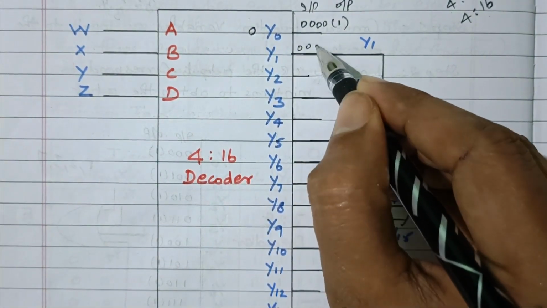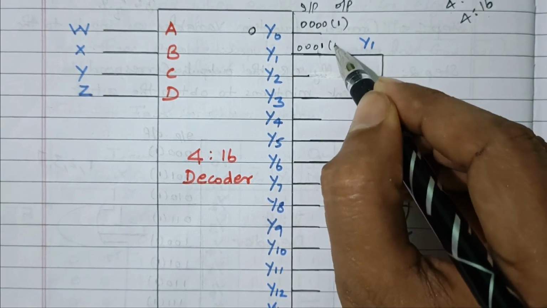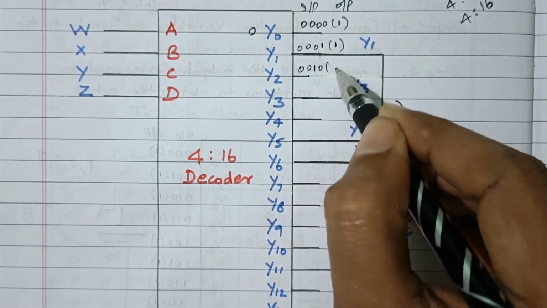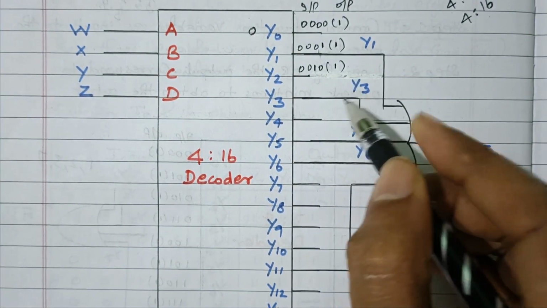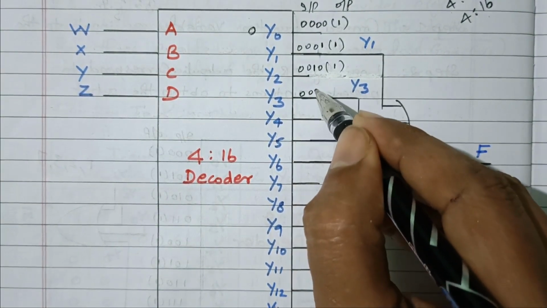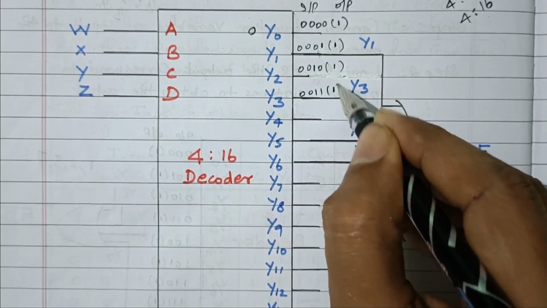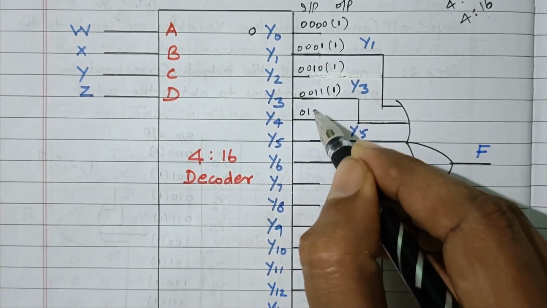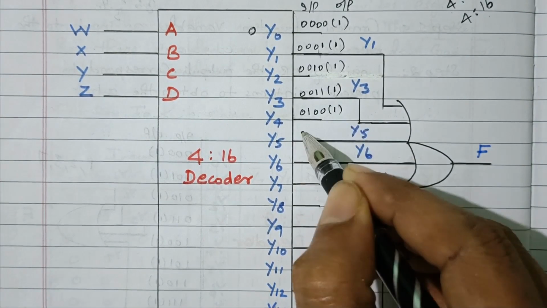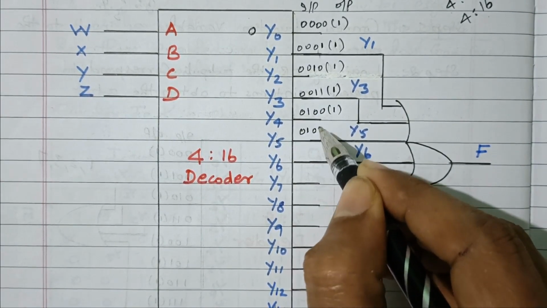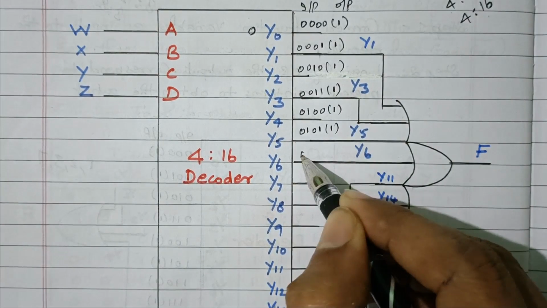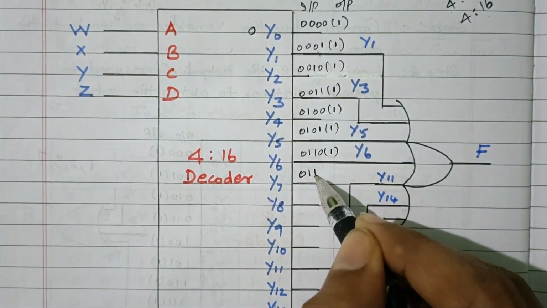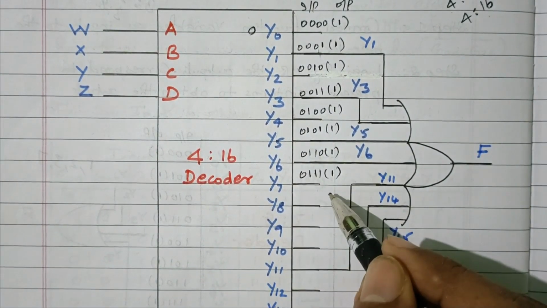Then 0, 0, 0, 1 gives 1 as the output. 0, 0, 1, 0, 1 as the output. Other terms are 0. 0, 0, 1, 1, 1 as the output. Then 0, 1, 0, 0, 1 as the output. 0, 1, 0, 1, 1 as the output. 0, 1, 1, 0, 1 as the output. 0, 1, 1, 1, 1 as the output.